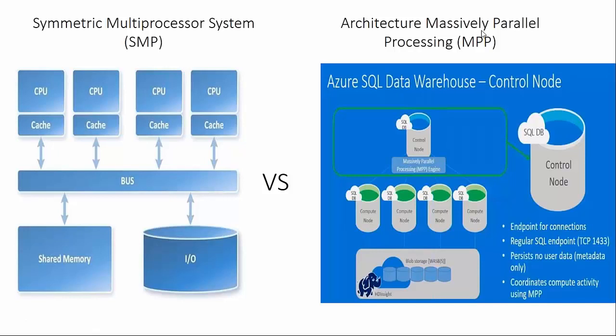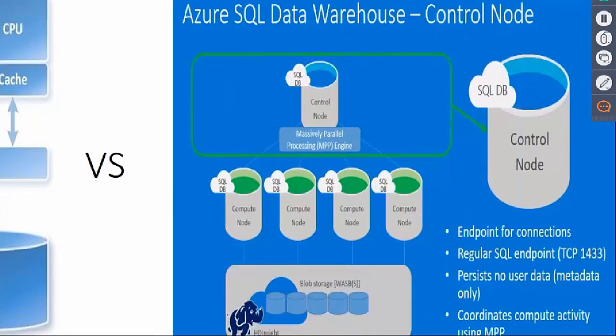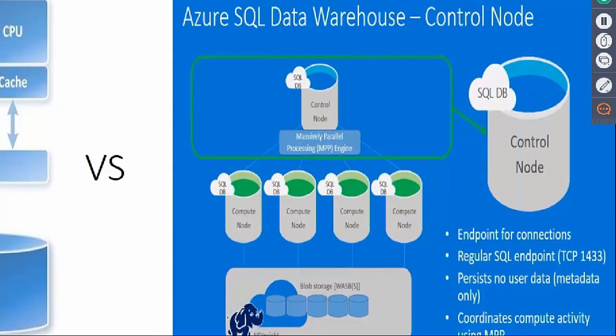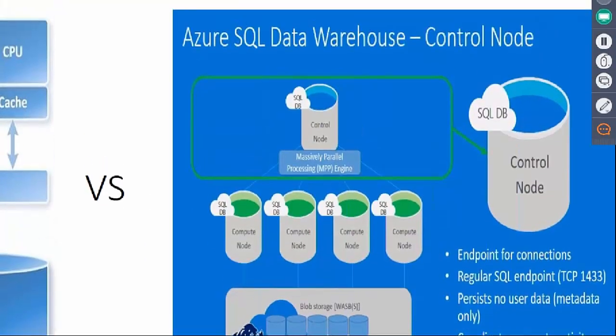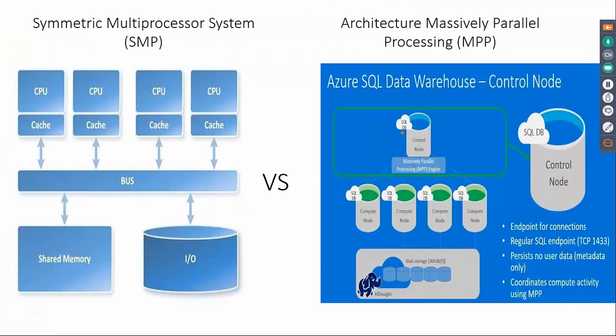Okay, just to make sure that everybody's on the same page, on the left side, we have the symmetric multiprocessor system. I think that the best example for that one was the laptop. So let's focus on the right side, and we're going to talk about the massively parallel processing system. Okay, we're going to have a control node that is going to receive our queries.